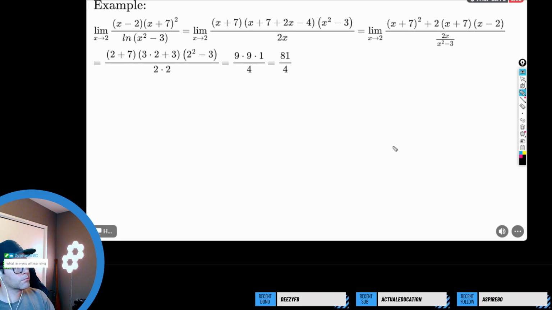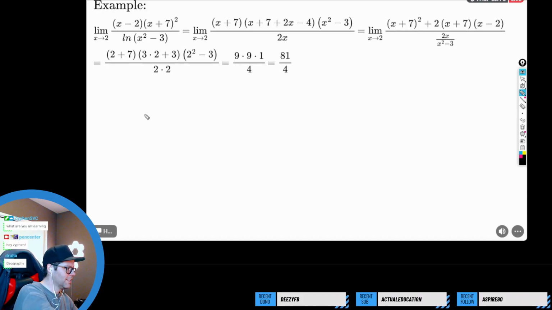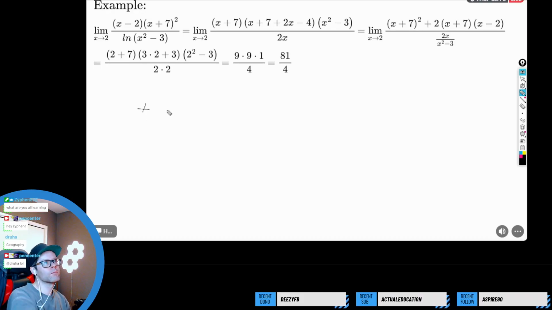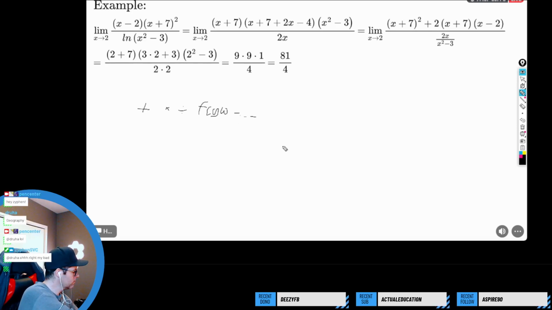But to sum up, mostly what I went over in here is that derivatives have their own rules about addition, multiplication, division, composition, and so on.